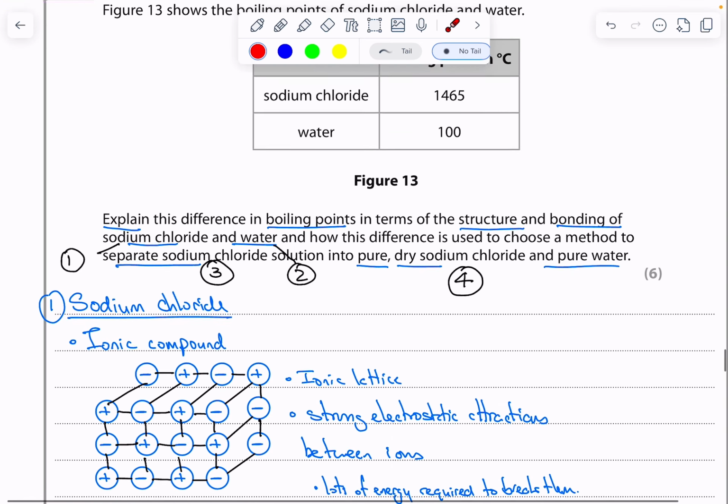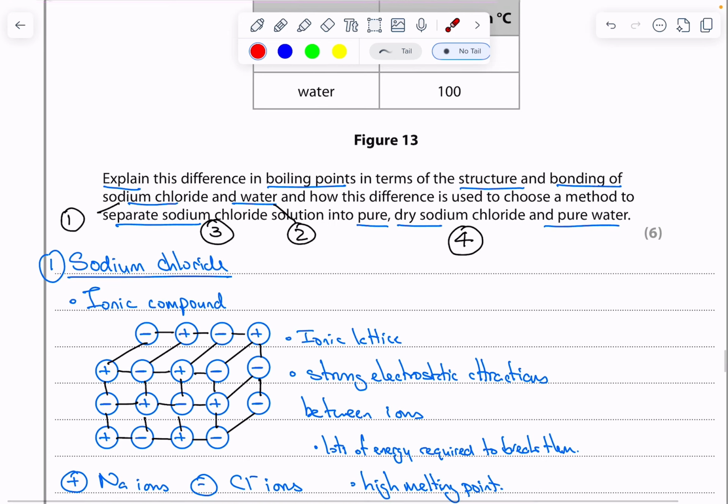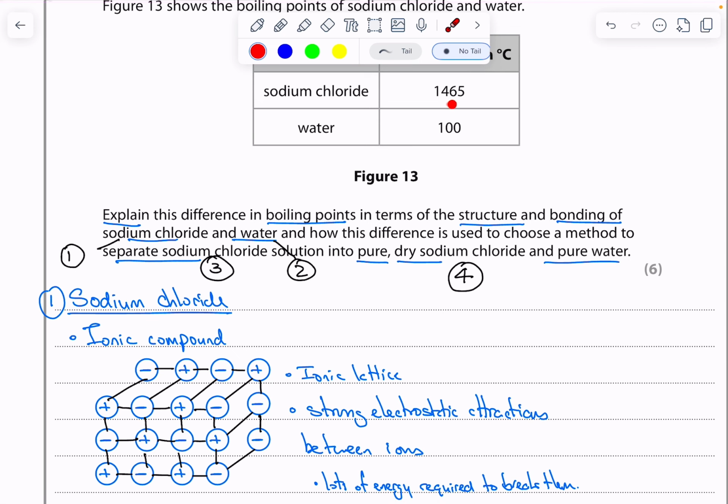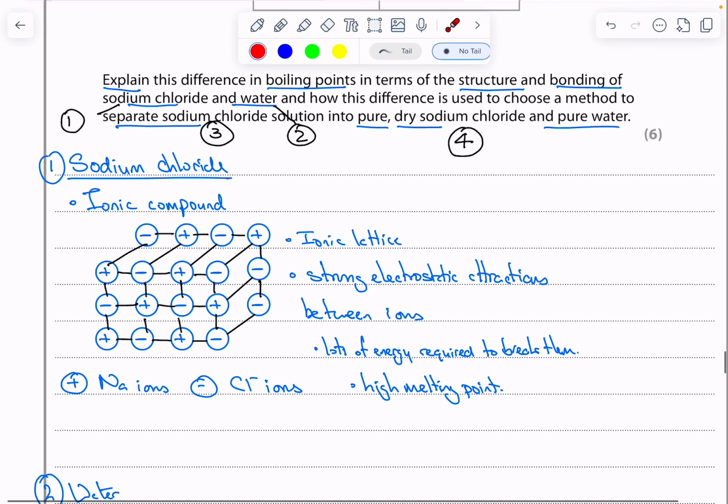So the first part is explaining sodium chloride structure and why it's got this high melting point, as you can see here. So what I've done, as I've said, is that sodium chloride is an ionic compound, and I've drawn myself a little picture showing the ionic lattice. I've given this a key to show that the positive ions are sodium ions and the negative ions are chloride ions.